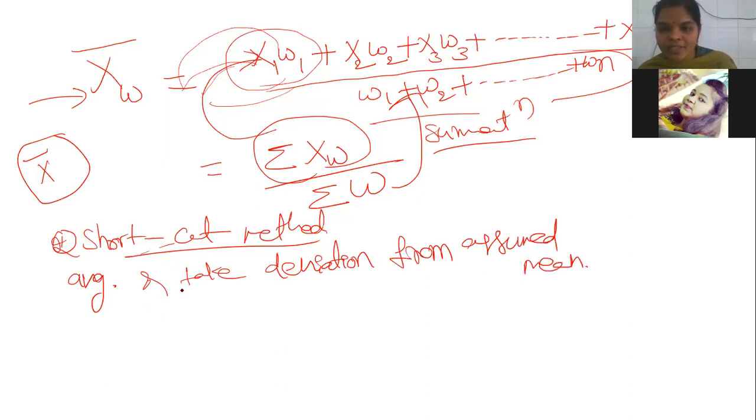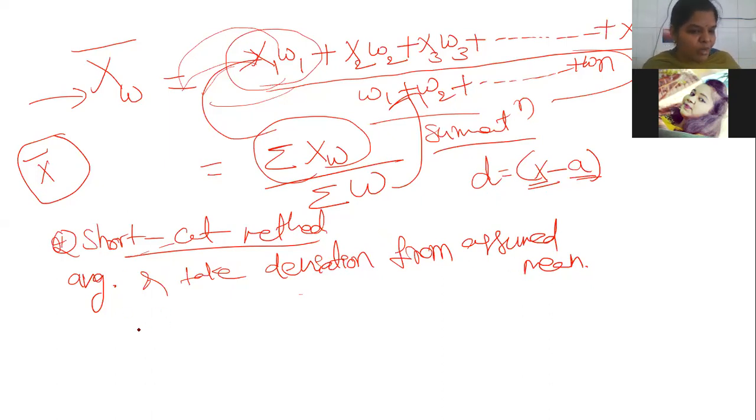I think you already studied how to take the deviations from the assumed mean in the shortcut method of calculation of mean in the discrete series and continuous series. We have a shortcut method, right? So in that also, we calculate some deviations. Those are small d. What is the formula? X minus a. X is the variable and a is an assumed mean, right?